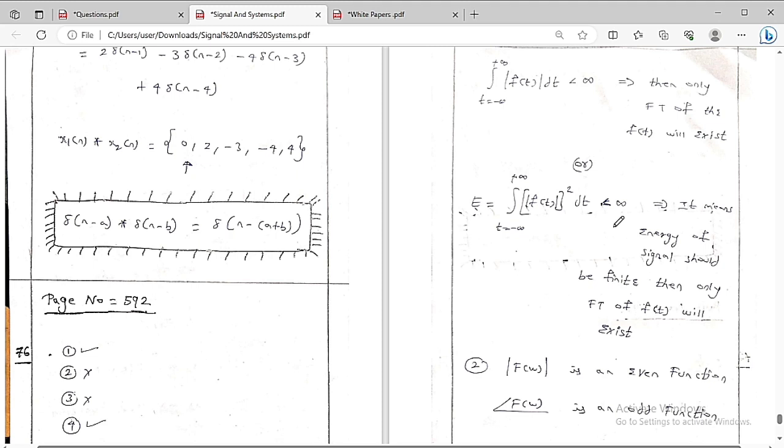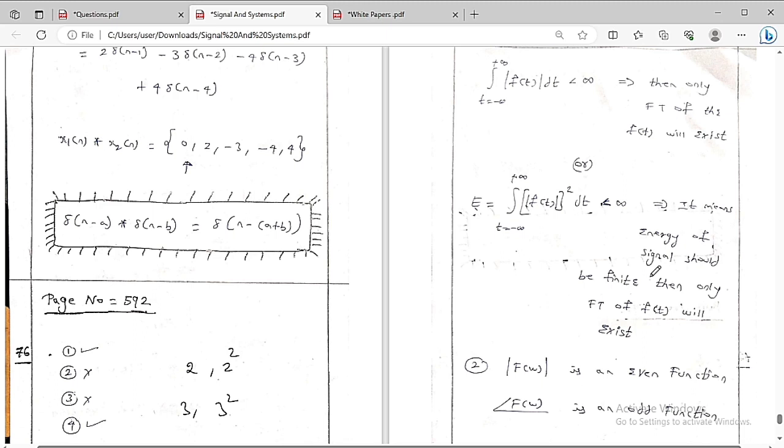If mod of f of t is absolutely summable, then mod of f of t whole square is also absolutely summable, because if 2 is a finite value, then 2 square is also a finite value. If 3 is a finite value, 3 square is also a finite value. So if f of t is absolutely summable, then mod of f of t whole square is also absolutely summable. So the energy of the signal should be finite, then only the Fourier transform of f of t is going to exist.